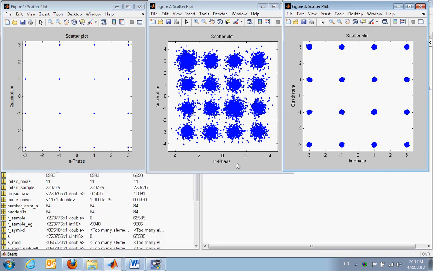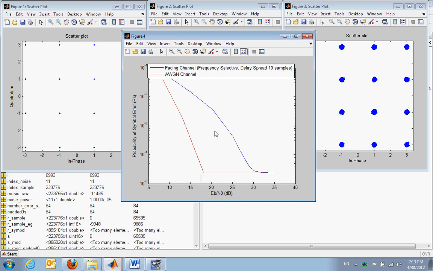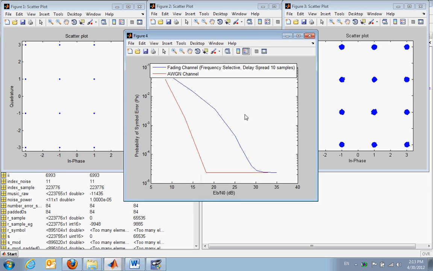Okay, and here is the plot of symbol error probability versus signal to noise ratio in terms of Eb over N0. The blue curve here represents the condition of the fading channel, and the red curve here represents the condition of the AWGN channel.